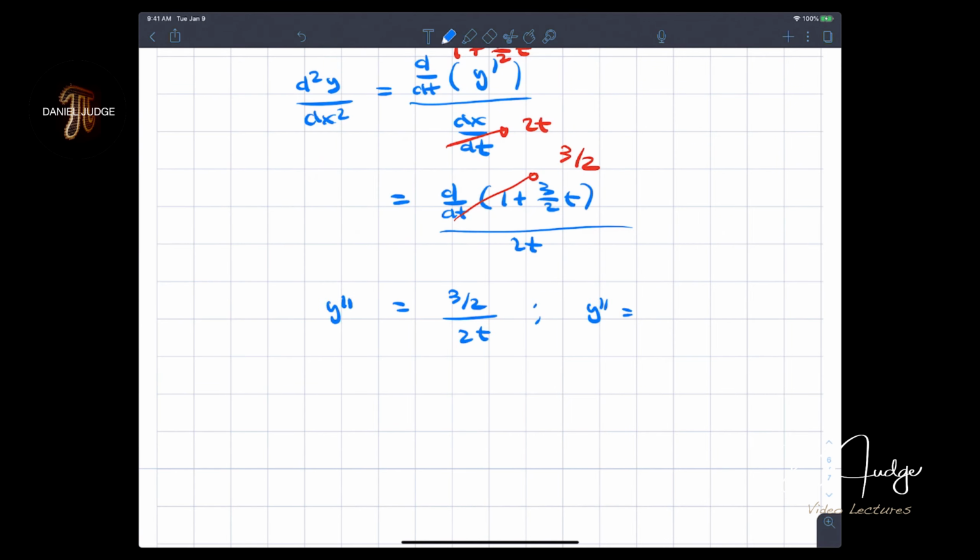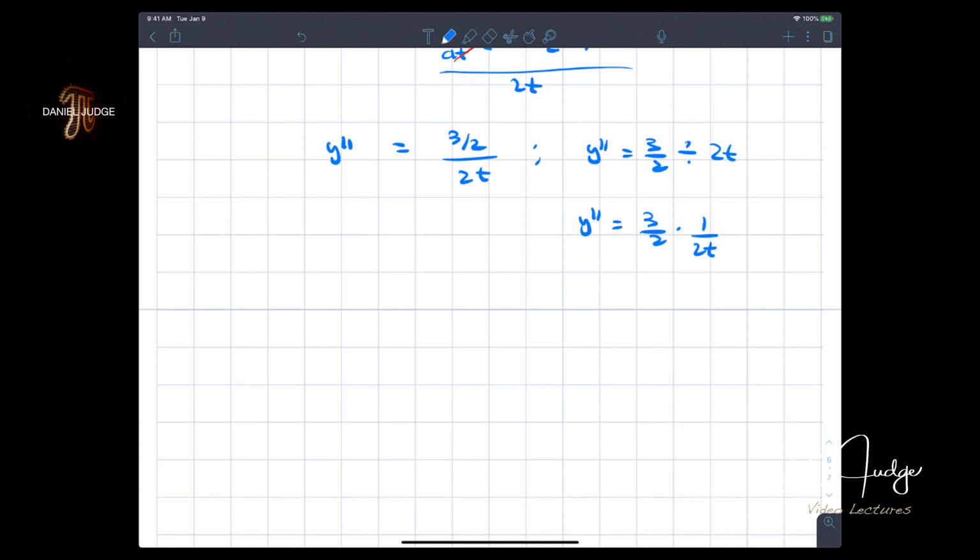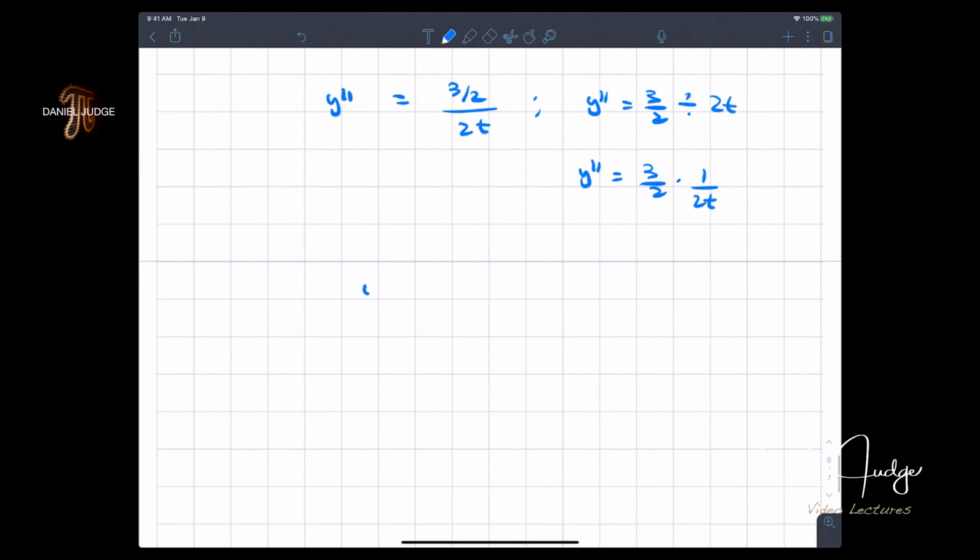So this is 3/2 divided by 2t, or we can say 3/2 times 1 over 2t. So ladies and gentlemen, let's write it down here. That second derivative looks like it's 3 over 4t.